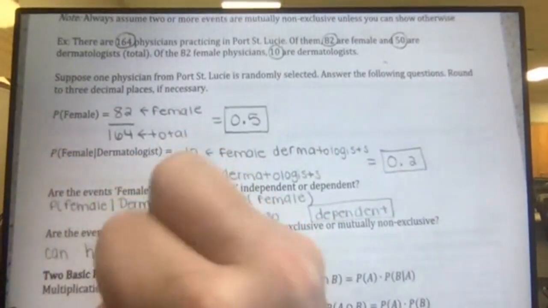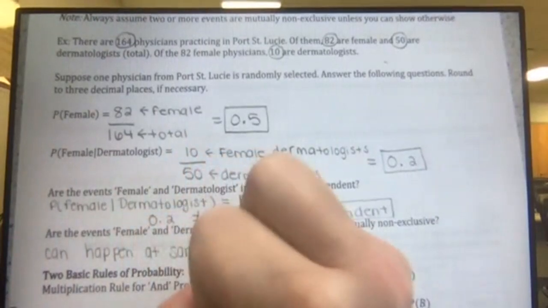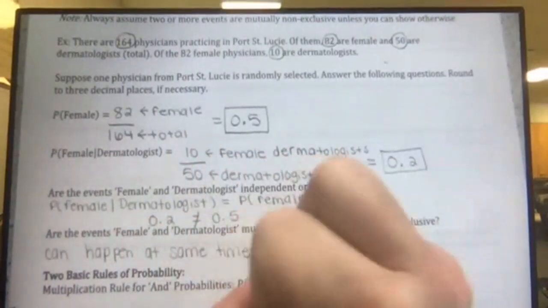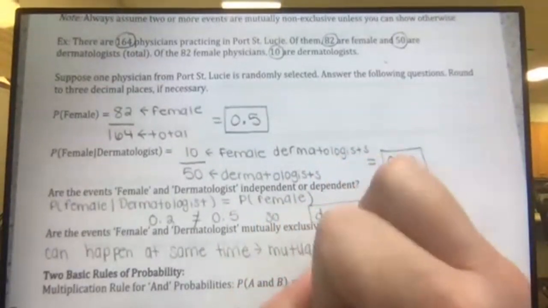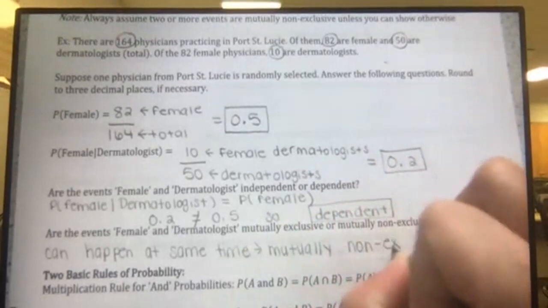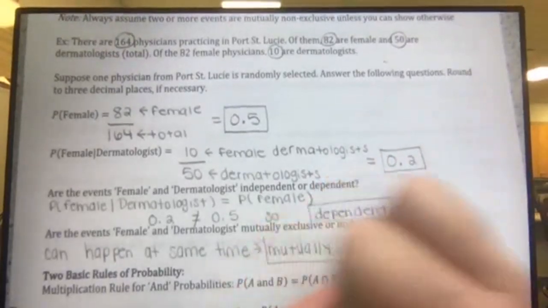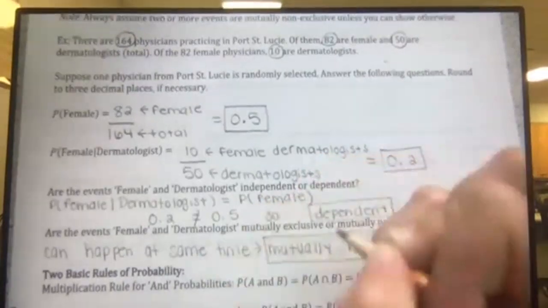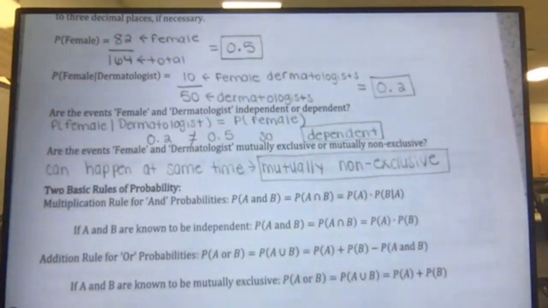That means mutually non-exclusive. Someone could be a female and a dermatologist at the same time, so it can happen at the same time, so mutually non-exclusive.